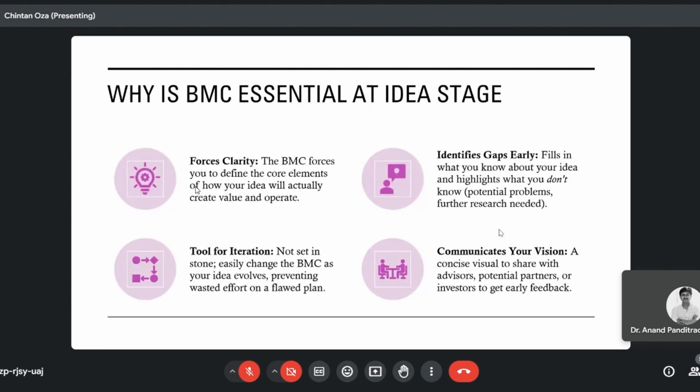It identifies gaps at an early stage. If you are not using BMC, you may not be able to take care of certain fundamental understandings at the beginning of your venture.